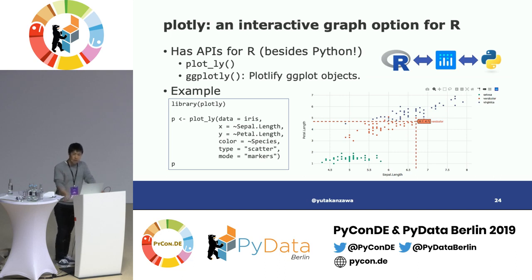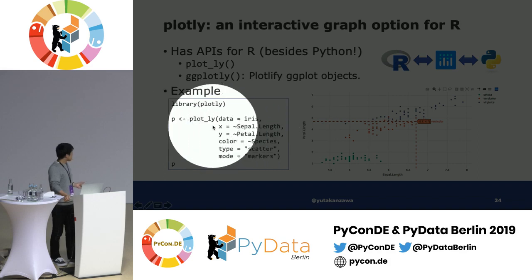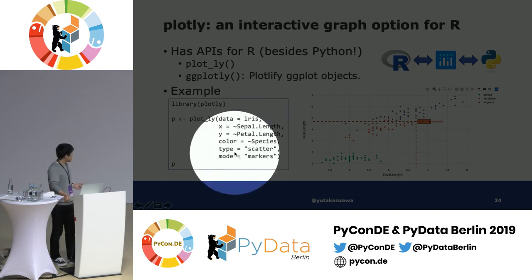Plotly does almost the same thing. And one advantage of Plotly is that you can use it both in R and Python. And as you can see here, Plotly is as simple as ggplot2 is.